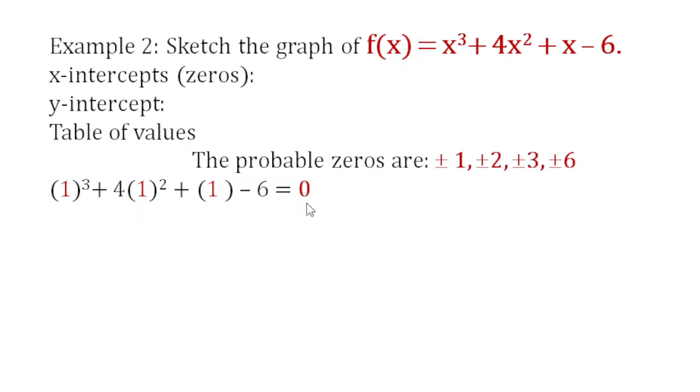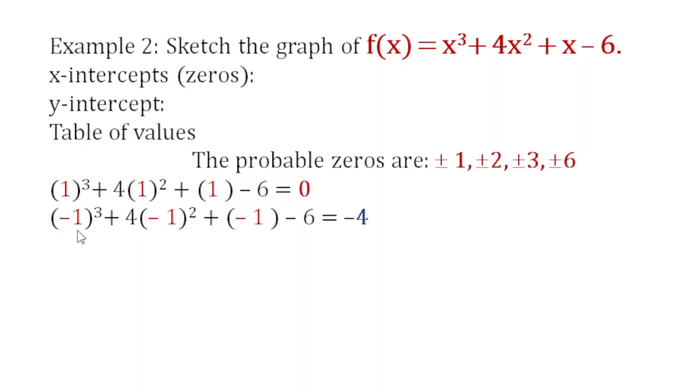And if the answer is 0, that number is an x-intercept or one of the zeros of the function. So if we put 1 on x here, our answer is 0. So meaning to say 1 is an x-intercept or a 0 of the function.